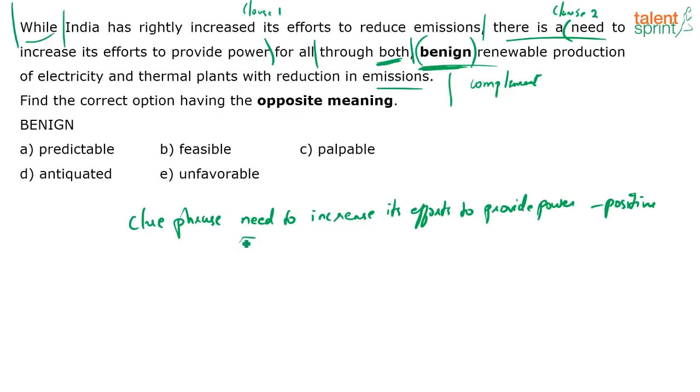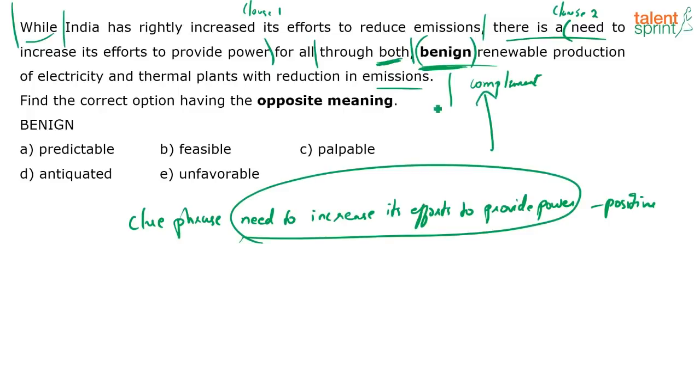I am going to do this through this, applying through both this one. So benign has to be a positive word. Great, right? So even though I don't know the meaning of benign, I have arrived at the fact that this is a positive word. I need an antonym of this.